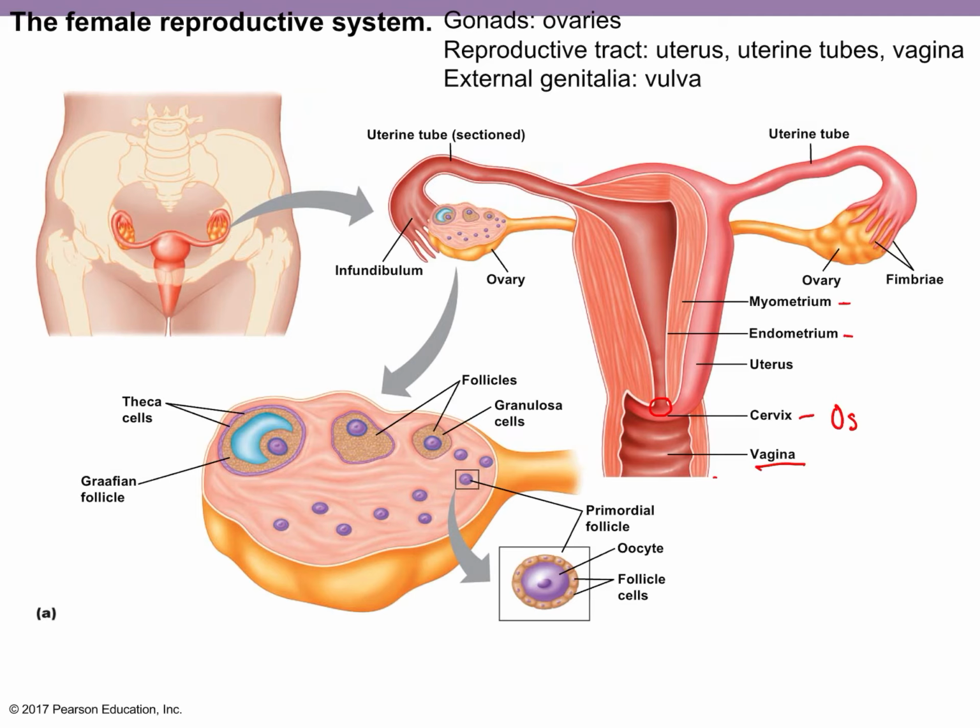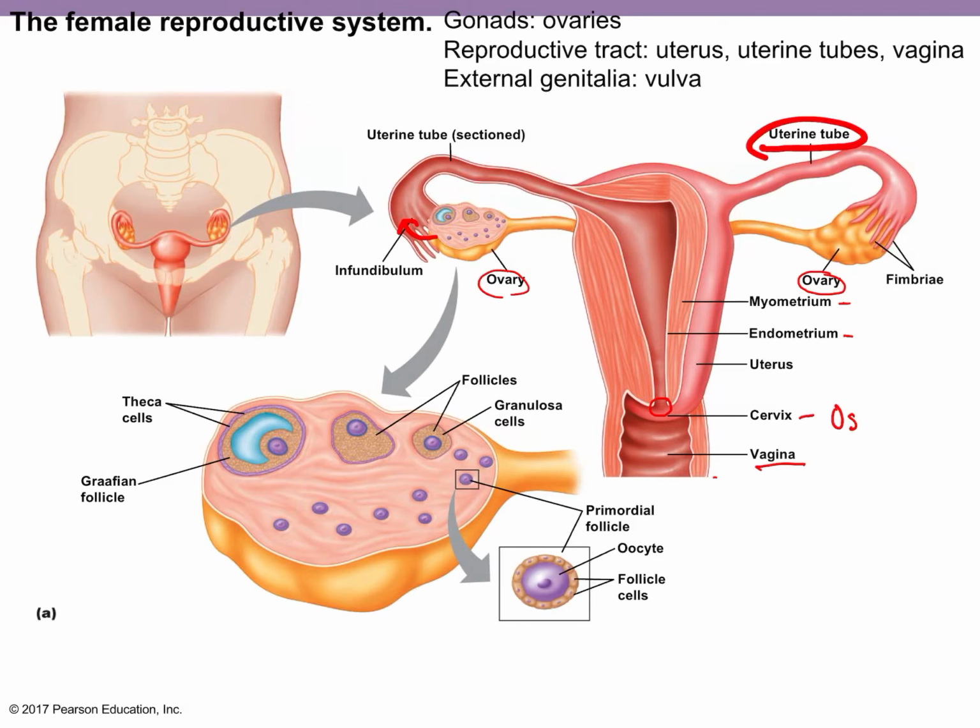We can see that our gonads, which are the ovaries, are going to create the ovum, or the gametes. When the mature oocyte is produced and ovulated, it's going to be transported into the infundibulum of the uterine tube.